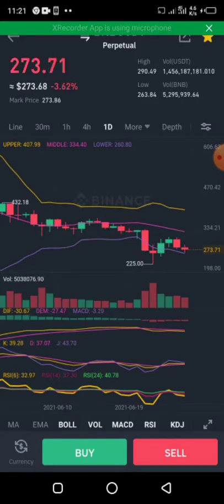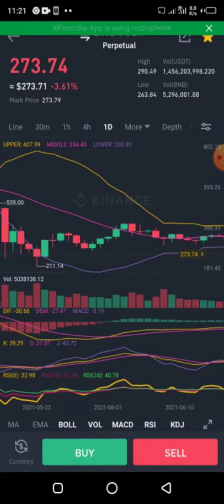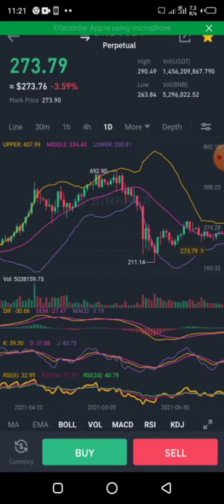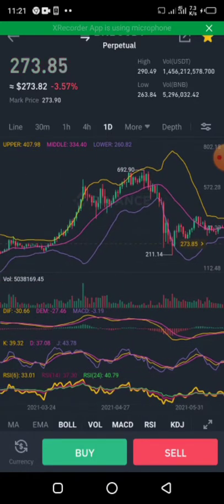In the past 4 to 5 days, BNB hit $225, but presently BNB is $273.79. But some months ago, BNB had already got to $692. If we calculate the percentage from 692 to 273, that's like I think minus 190%.